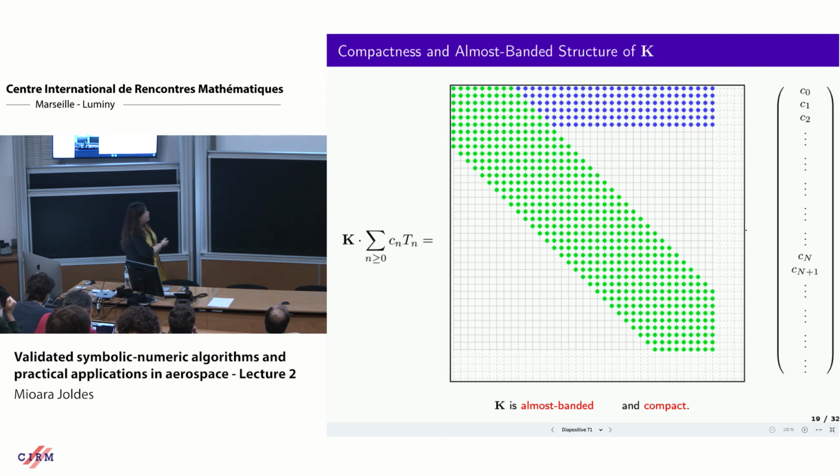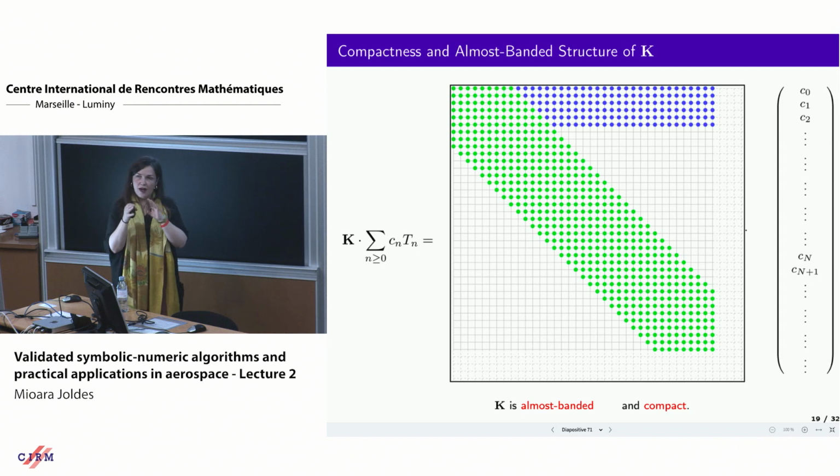Here is a drawing. You get a few constant coefficients here, and then you have a banded operator, because you always have i plus j and i minus j around the diagonal.